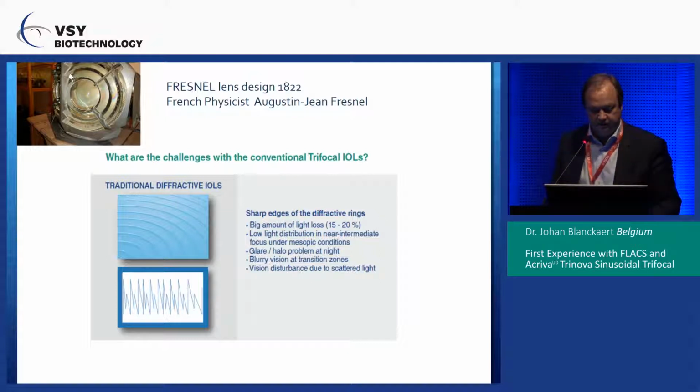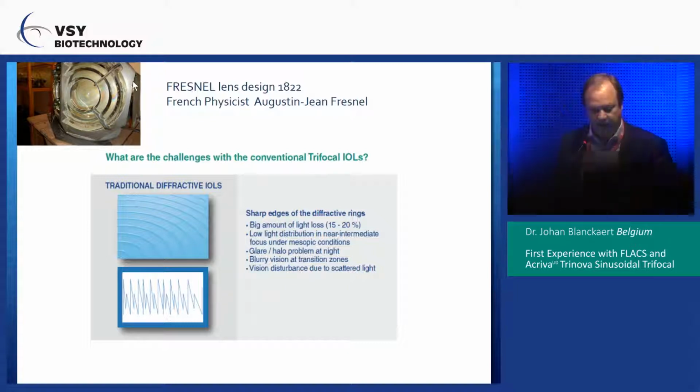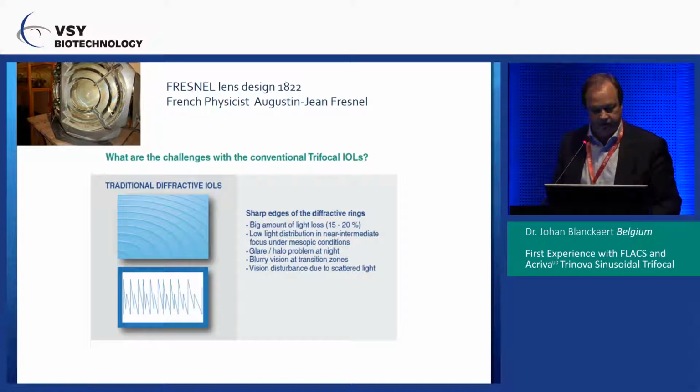You can see it here because this is illuminated from behind. This is the first Fresnel lens which was incorporated in the lighthouse, and you can see there are darker areas. That's the light which is going to another place.